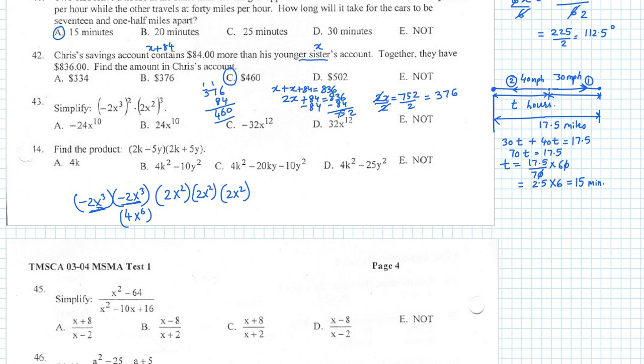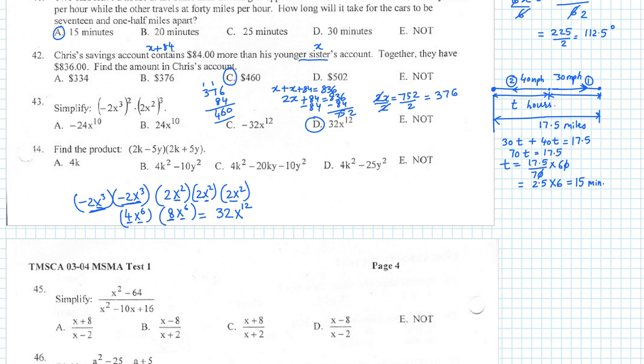For the next three, 2 times 2 times 2 is 8, and again because the bases are same, we can simply add the exponents. So this will be x to the 2 plus 2 plus 2, which is 6 again. Now 4 times 8 is equal to 32, and then once again because the bases are same, we can add the exponents. So this is x to the 6 plus 6, which is 12. So the answer is 32 times x to the power 12. So D is the correct answer.